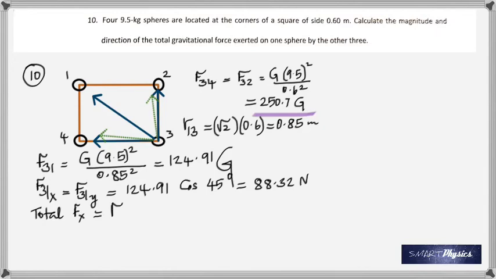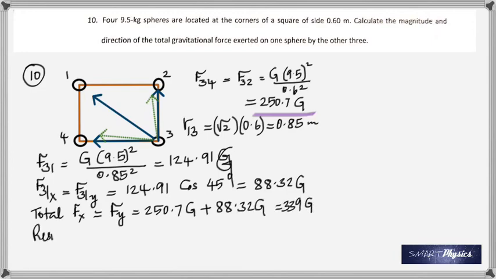So now take the total x component, which would be 250.7 g plus 88.32 g. The total y will be exactly the same: 339 g.